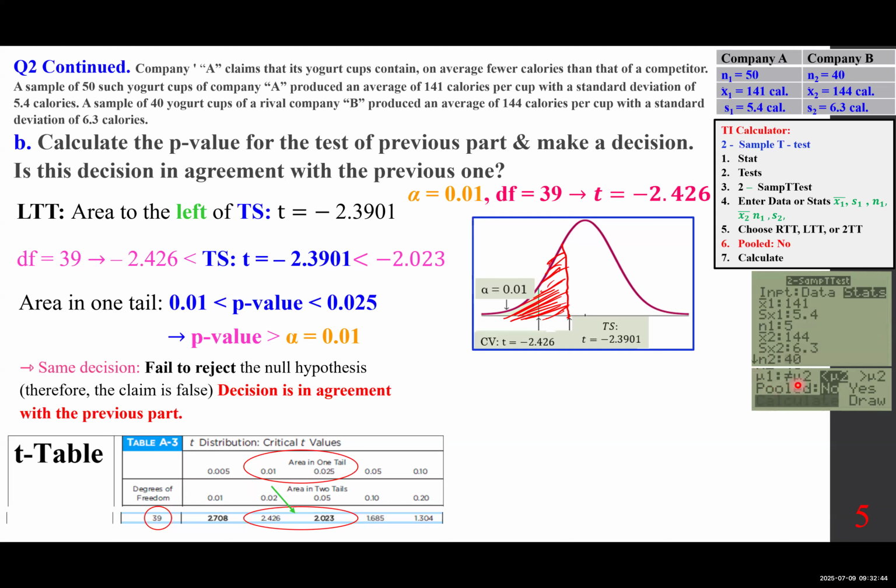You put in all the information, and this is less than. N1 is 50. There is a typo here.